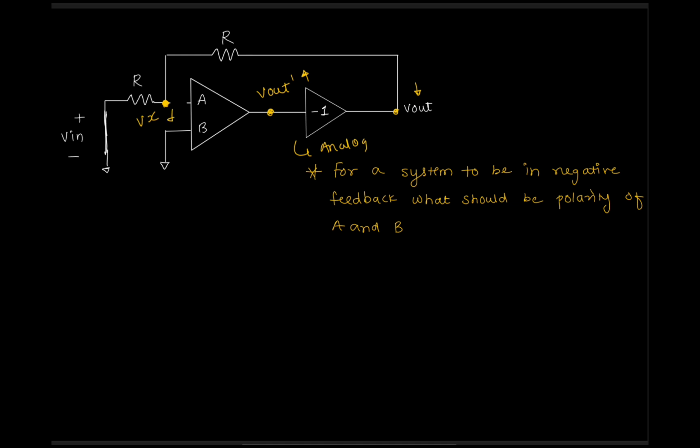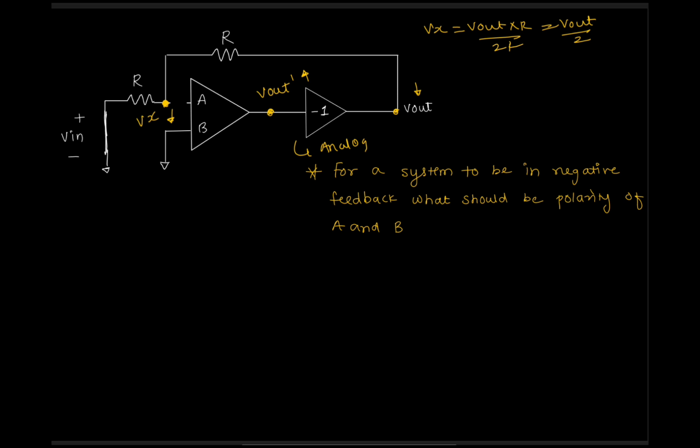Vx will also decrease, because Vx is equal to V out into R divided by 2R, which means it is V out by 2. So if V out decreases, Vx will also decrease. Okay, so if Vx decreases, we want the op-amp to decrease the V out.